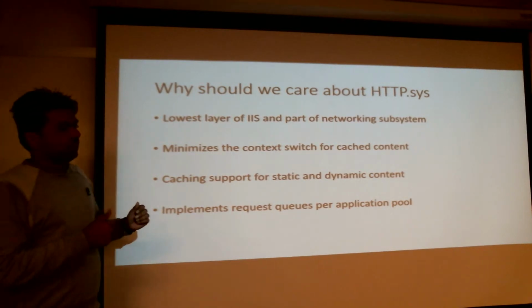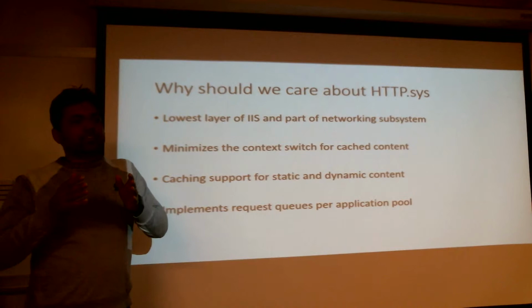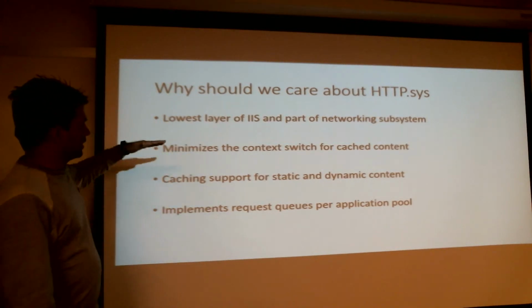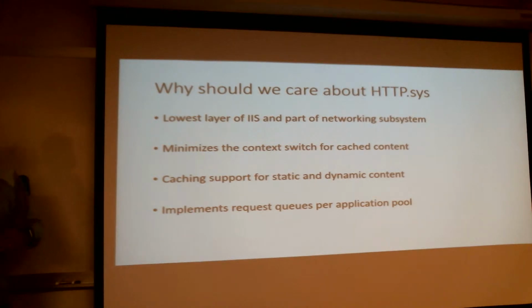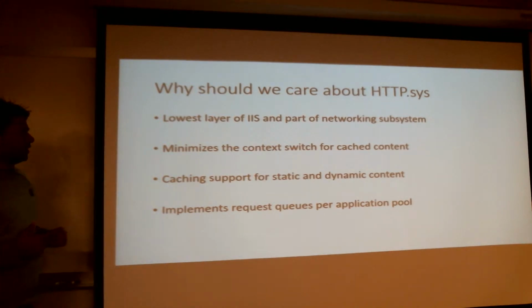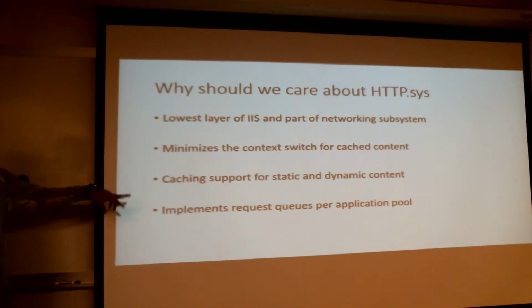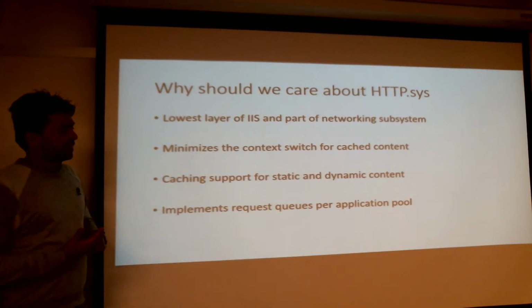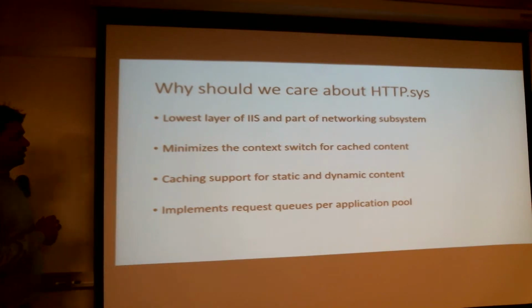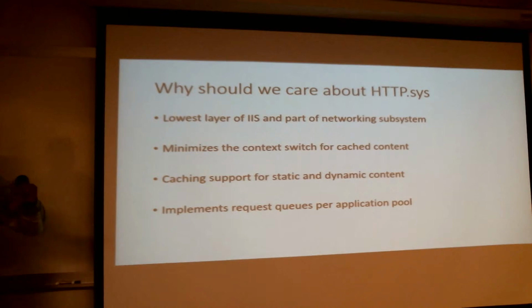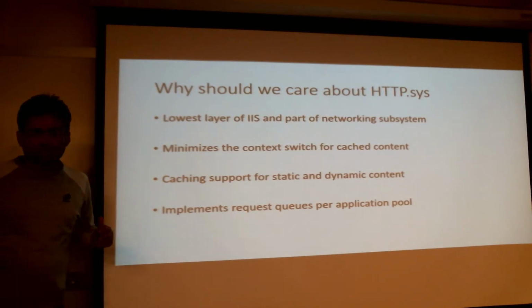If you cache something at the HTTP layer, between user level and kernel level, you avoid the context switching between them, so you get a performance gain. The caching that HTTP.sys provides can cover static data and dynamic data. It has queues, so I'll briefly discuss the architecture of HTTP.sys next.